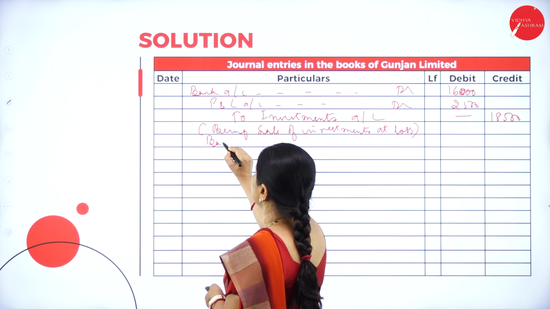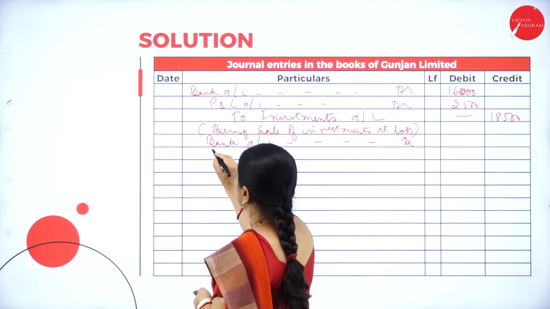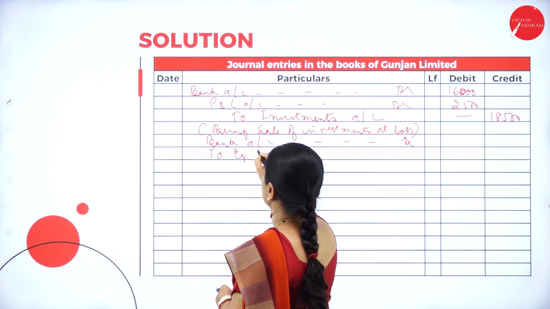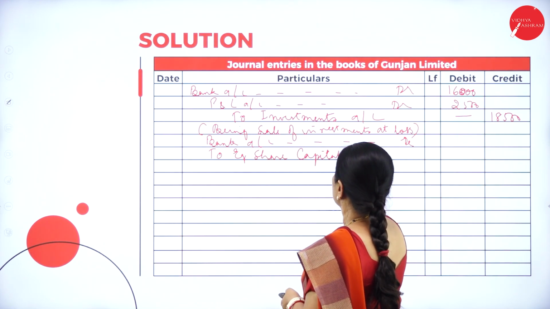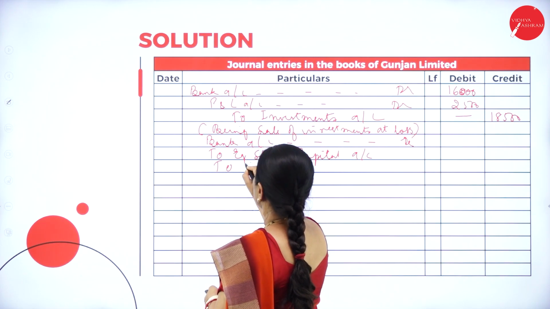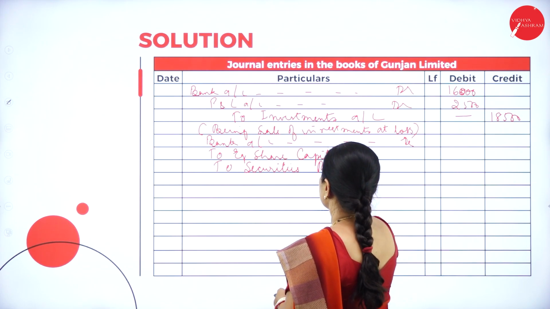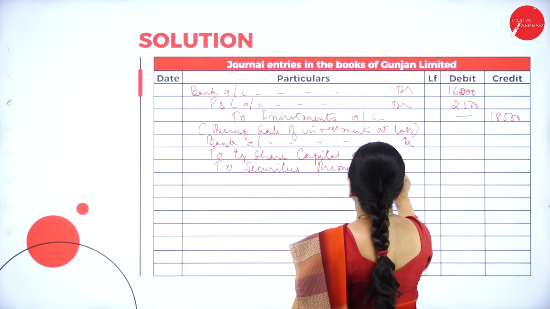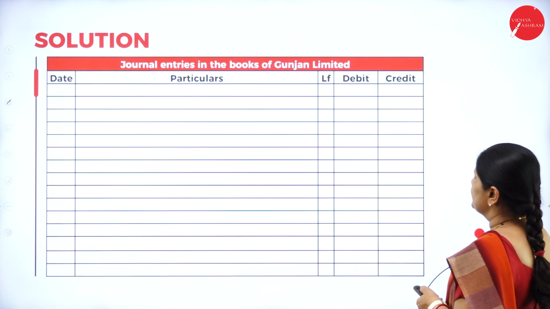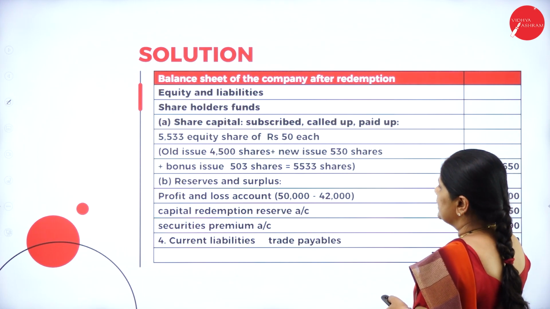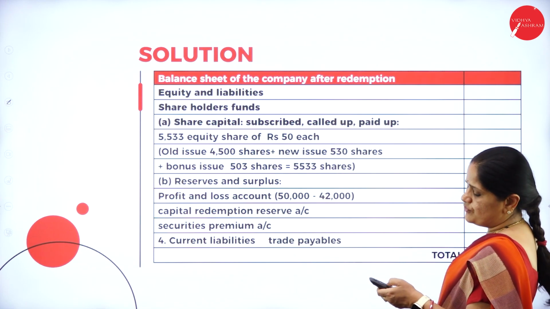So bank account debtor to equity share capital account, then to securities premium account. Now how many shares are we issuing here? If you can see here, we have a new issue of 530 shares of rupees 50 each.